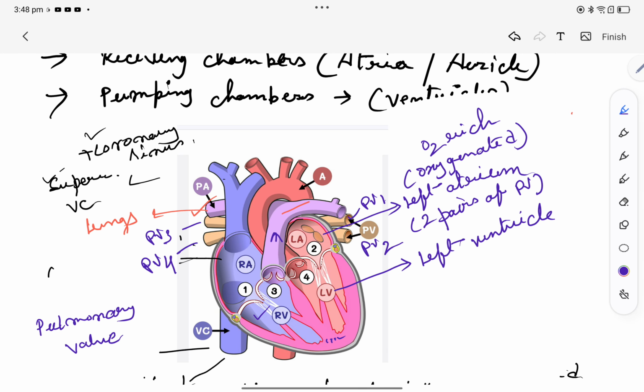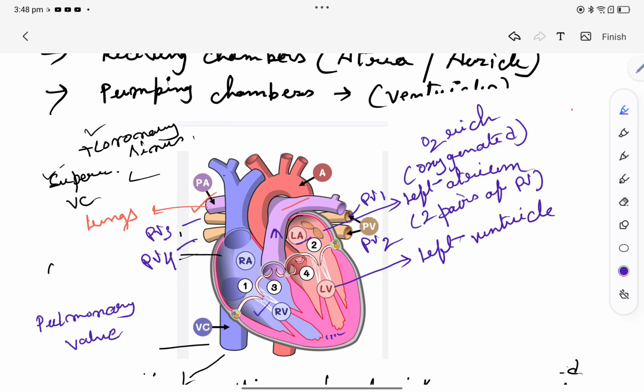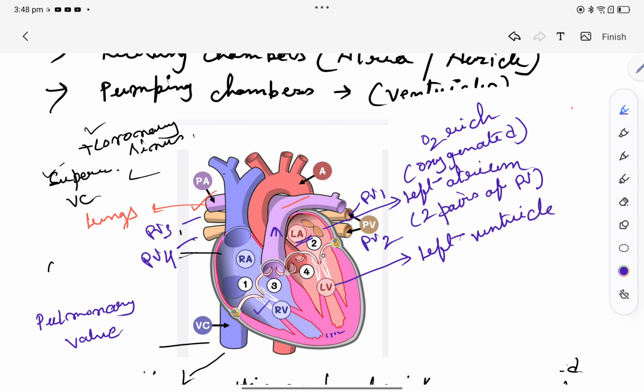Now again, it enters the left atrium, right? After entering, it will go to the left ventricle via the bicuspid valve. This valve that we can see here is bicuspid. As I have mentioned earlier, these are atrioventricular valves. This one in particular is called the bicuspid valve.